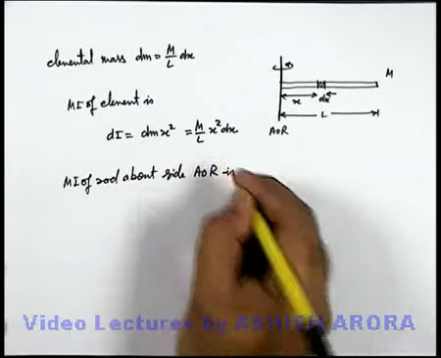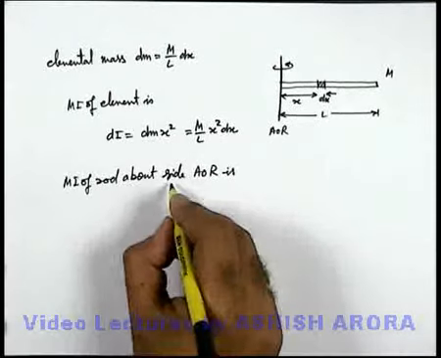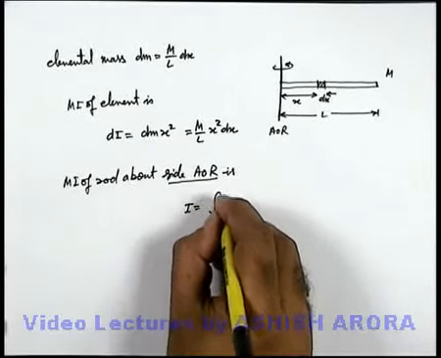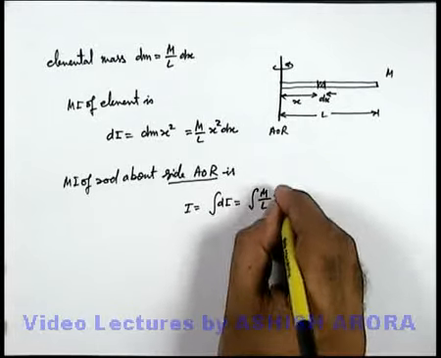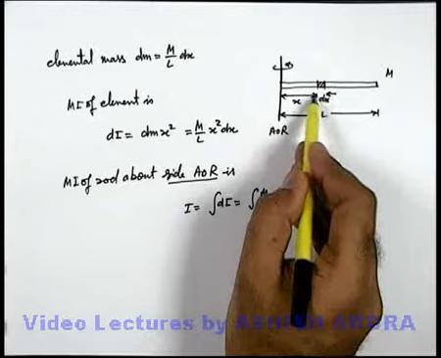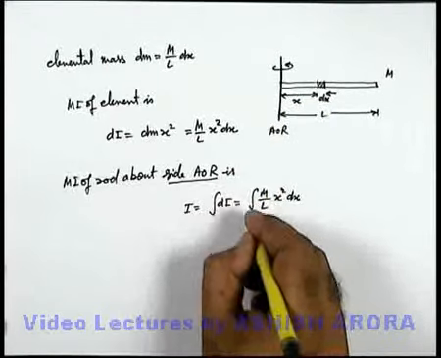In the previous case, the axis of rotation was passing through the center; at the side axis of rotation, this can be written as the integration of dI, which is the integration of m by L x square dx. But the limits of integration will change, as here x is varying from 0 to L.